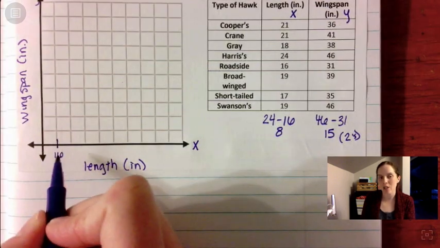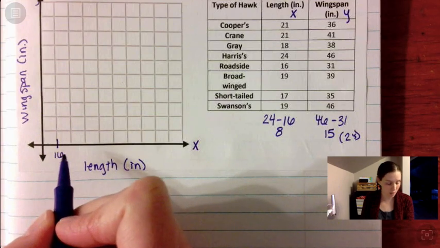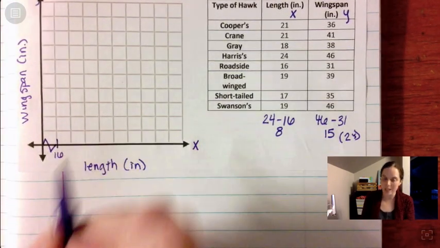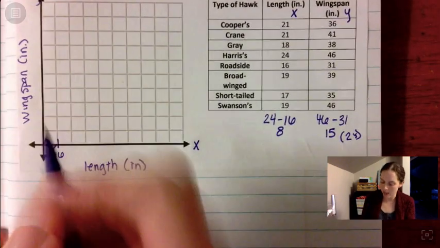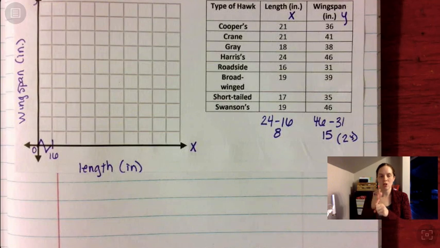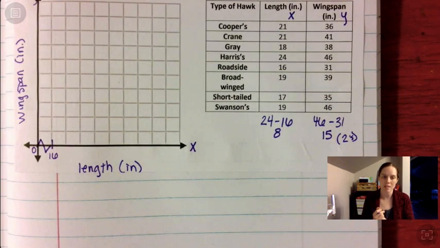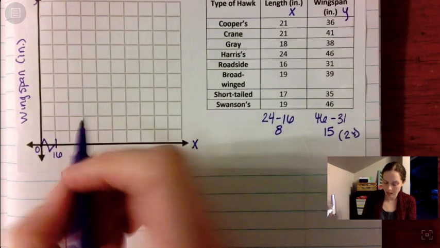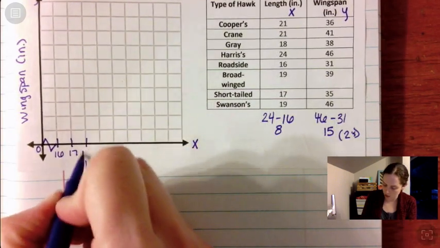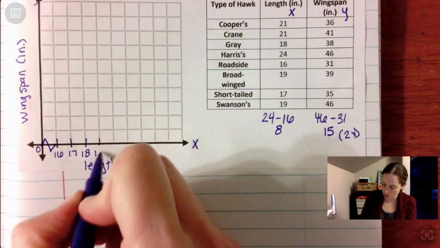So we don't have to start at 0. And if we don't start at 0, we put this little jagged thing that means there's a break in the graph. So normally this would be 0, and then we basically chopped part of the graph off and we've started at 16. Then I said I can count just by ones and get exactly to where I need to be. So that's what I'm going to do here.